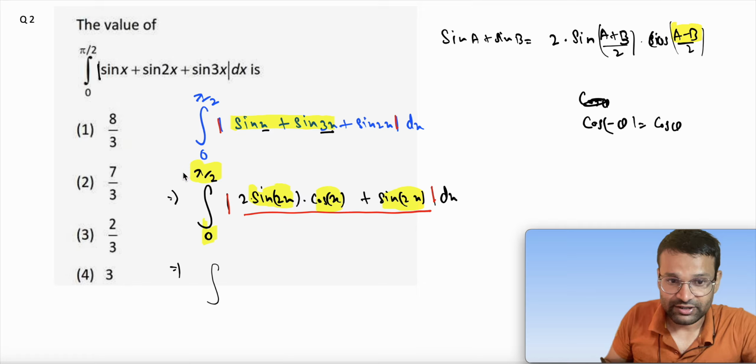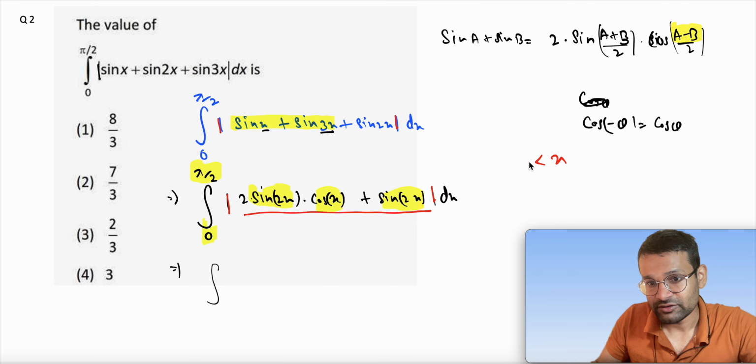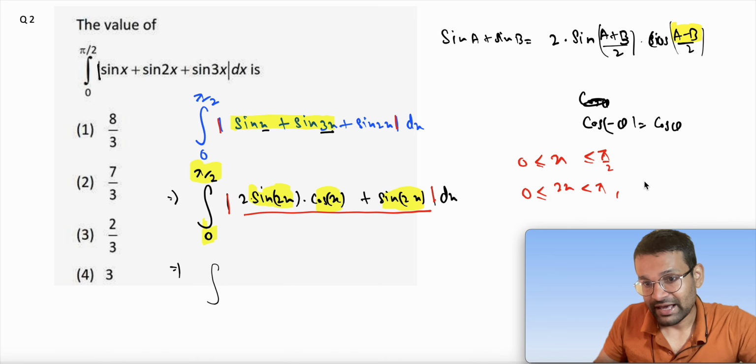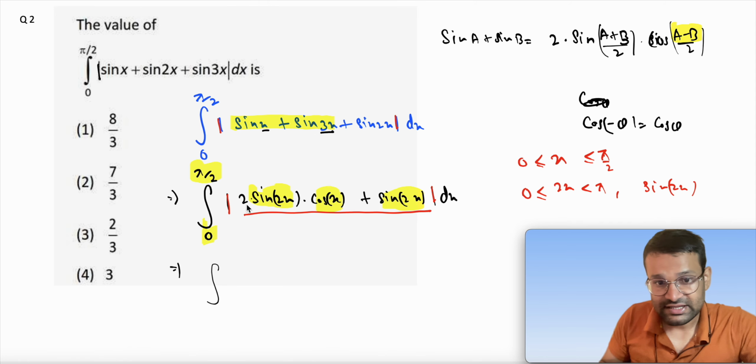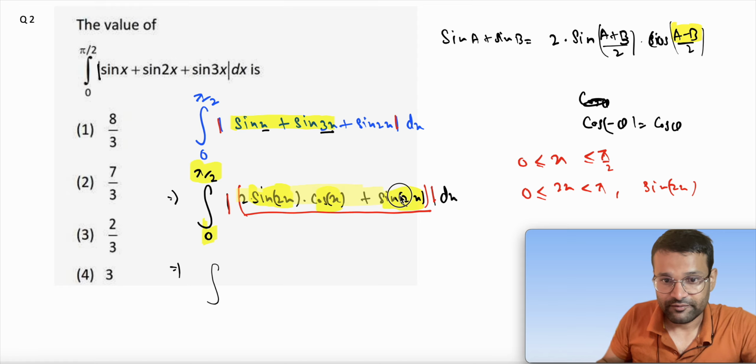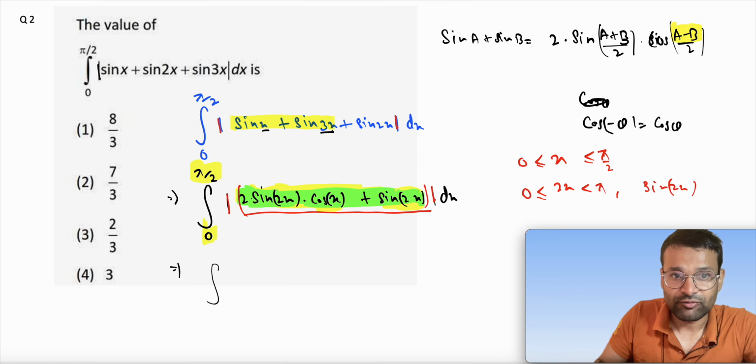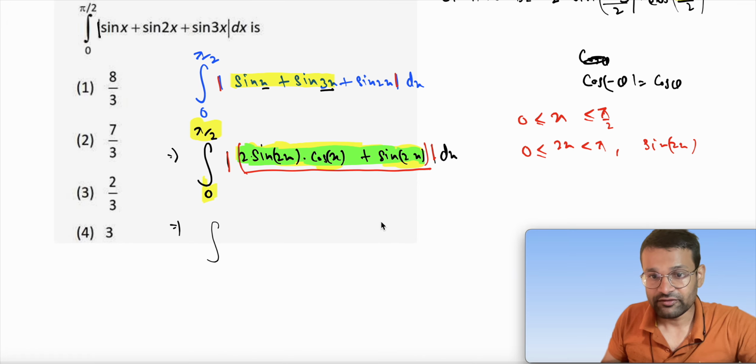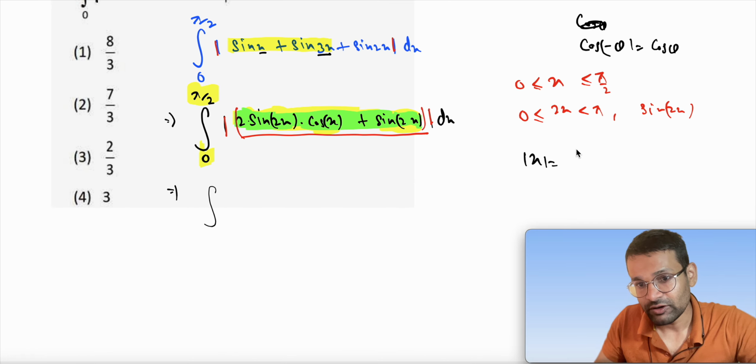For the 0 to pi limit, for x belonging to 0 to pi by 2, it means that 2x belongs to 0 to pi, which makes sin 2x positive. So each term from here to here, I can color it a different color, is positive, so we don't need to carry this modulus sign further, because we know that mod x equals x when x is greater than 0 and minus x when x is less than 0.